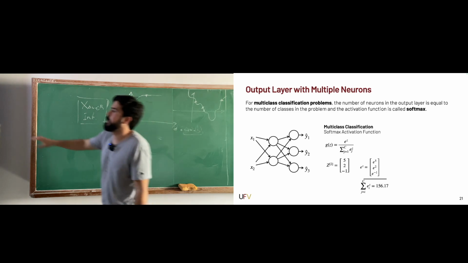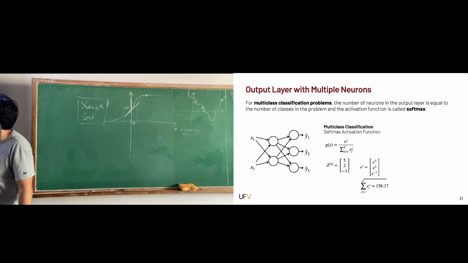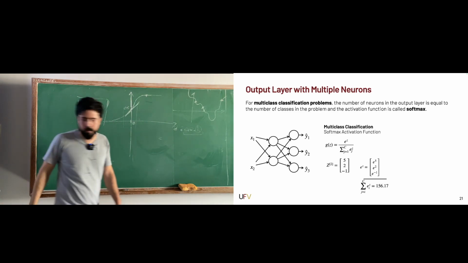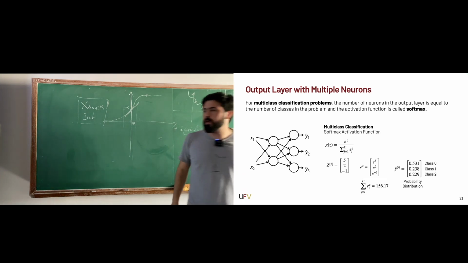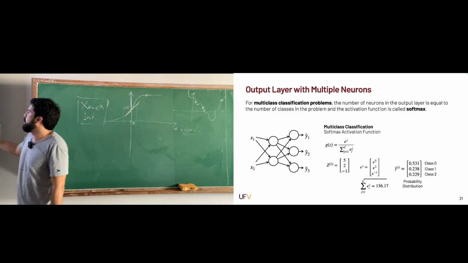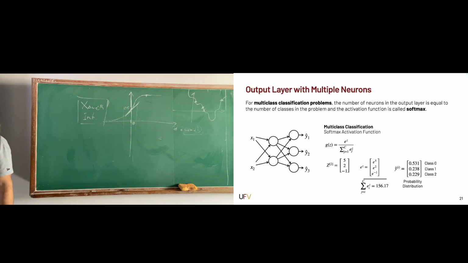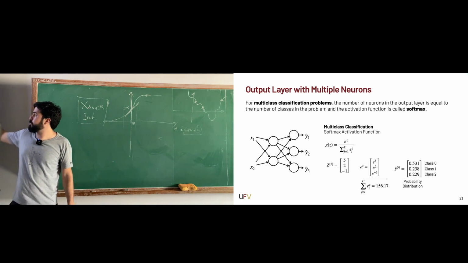So just sum e to the 5 plus e to the 2 plus e to the minus 1, you would get this number here, 156.70.